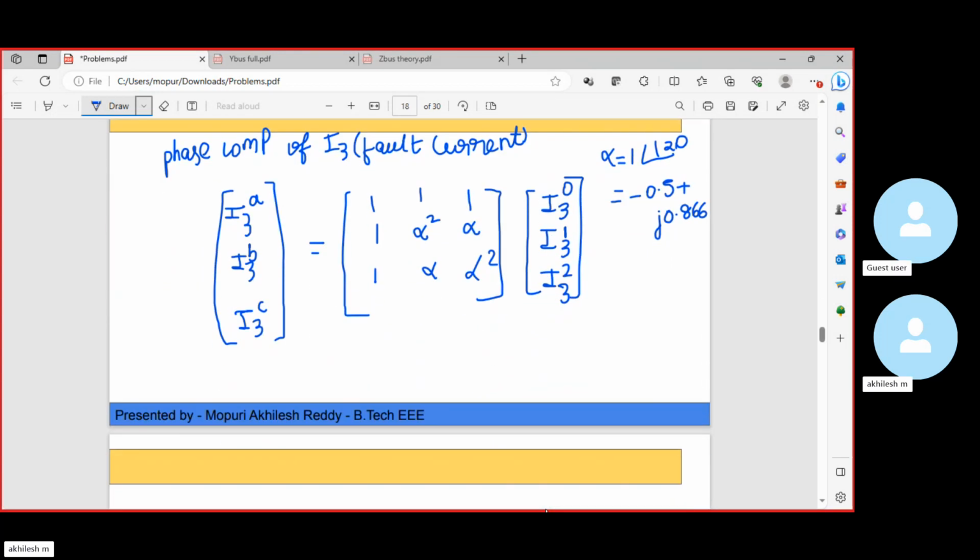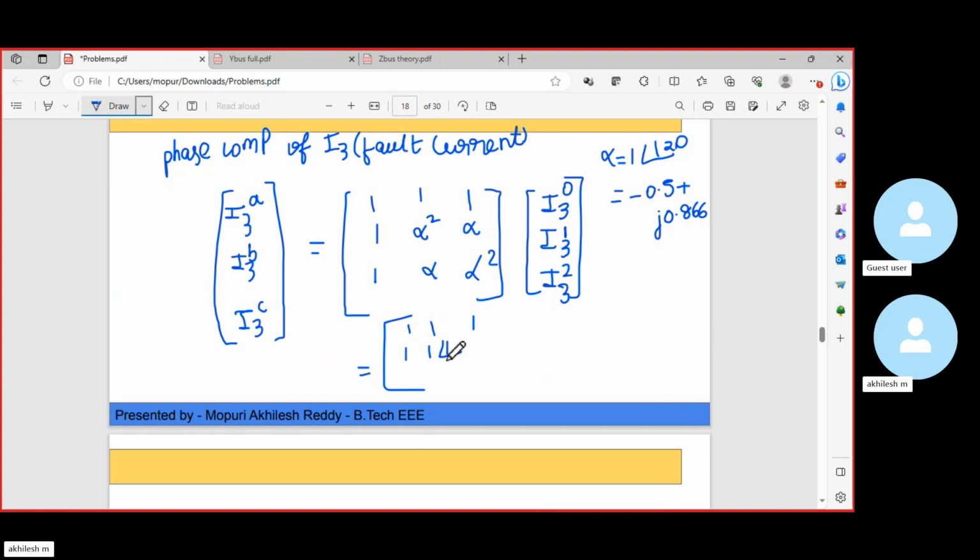in this problem, since all three are equal, that is I3 of 0, I3 of 1 and I3 of 2 are equal. So what we can do is write 1, 1, 1, 1, and 1 at an angle of 120 degrees.